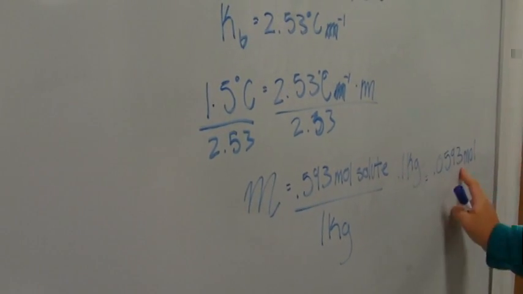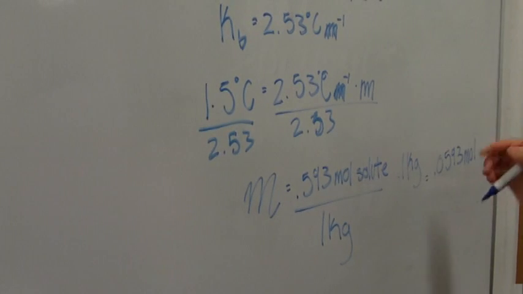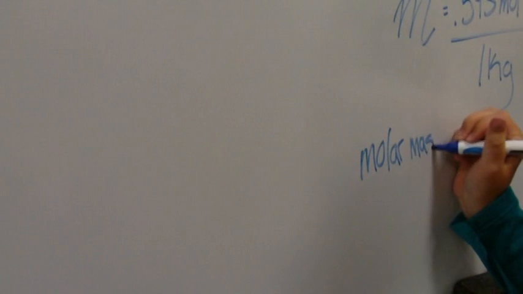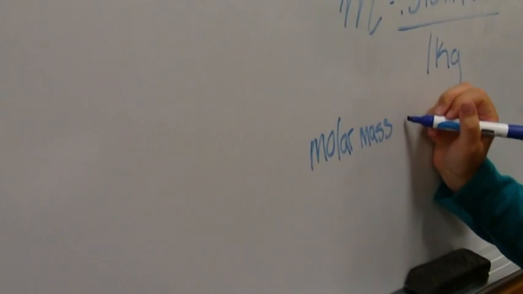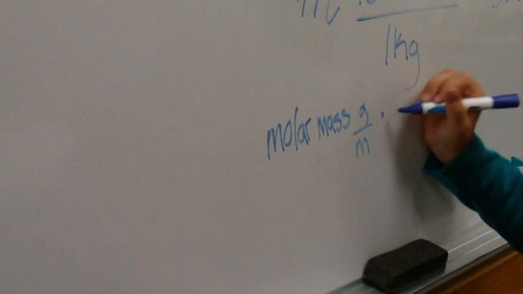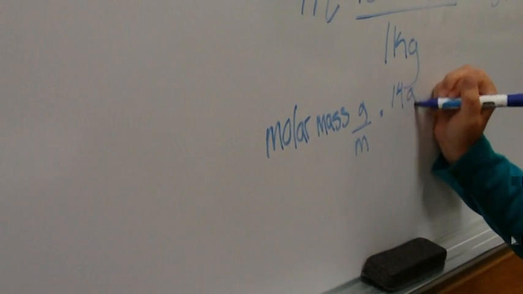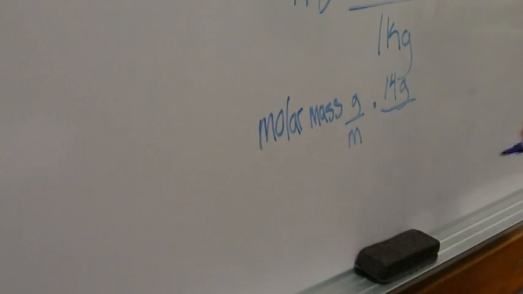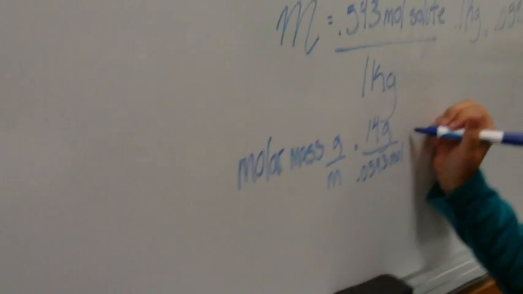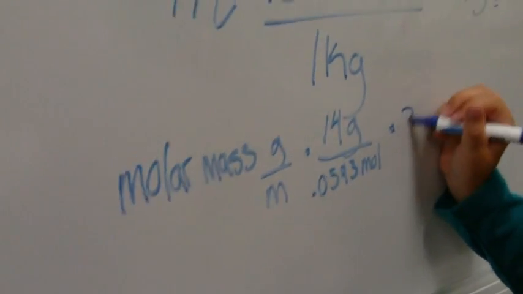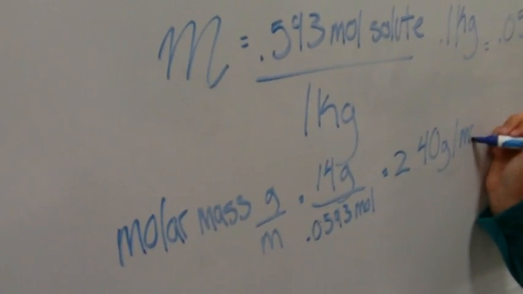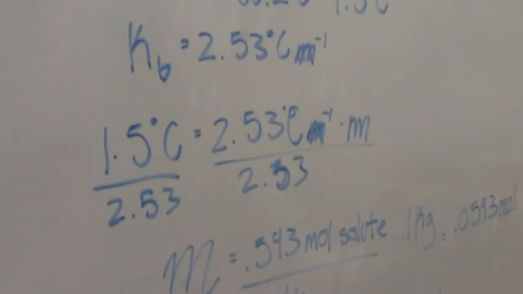So, again, molar mass is always grams per mole. And they tell us that we were given 14 grams, and we concluded that we're dealing with 0.059 moles. So simple division there, and we get 240 grams per mole. That's our answer. So give or take significant figures.